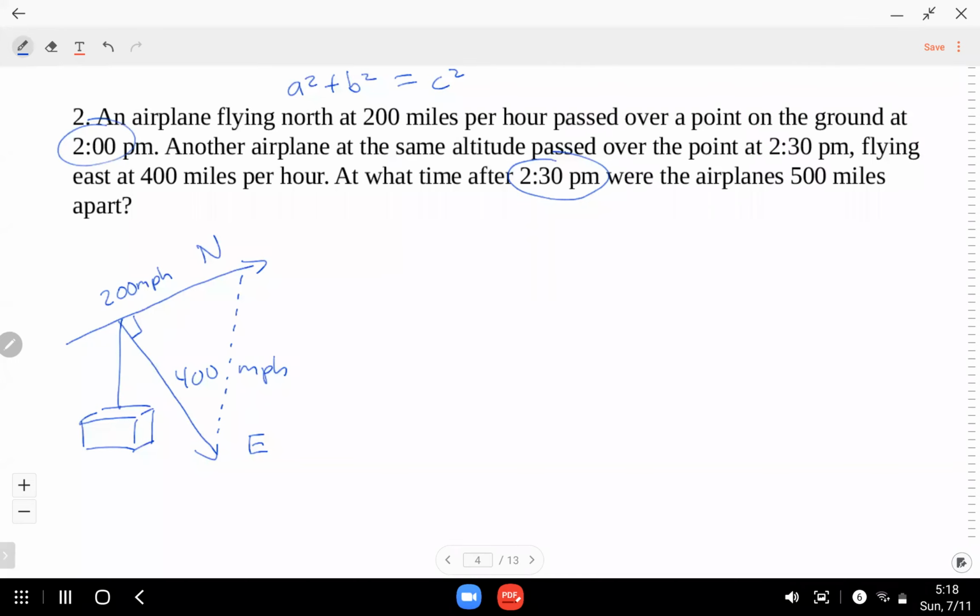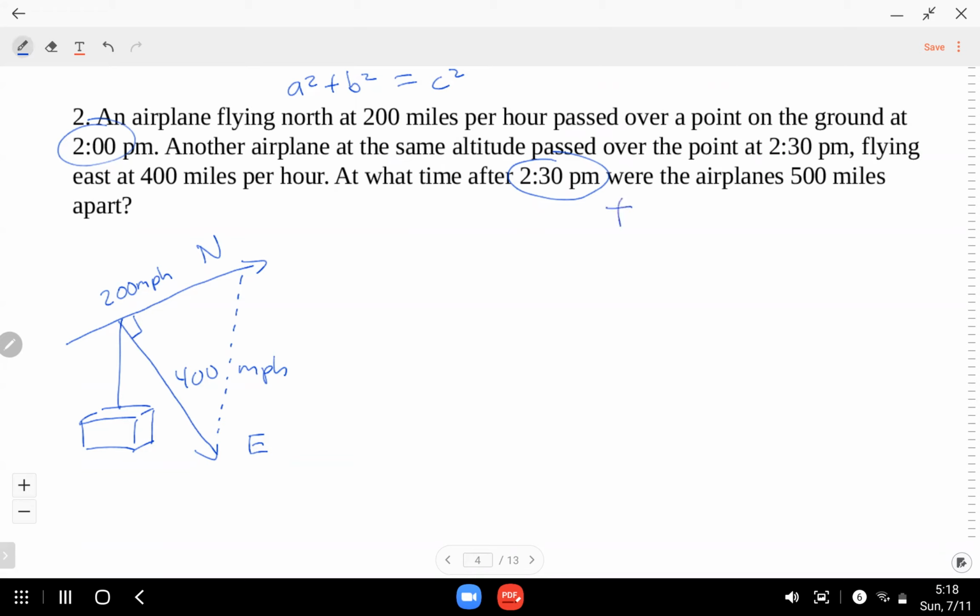Has flown, has flown, has flew. Oh, is it flown? Is it flew? Basically, this airplane has traveled 30 minutes longer than this east airplane because it hit the point at 2 p.m. So we're going to have to include that. So the time after 2:30 p.m. can be denoted as t.